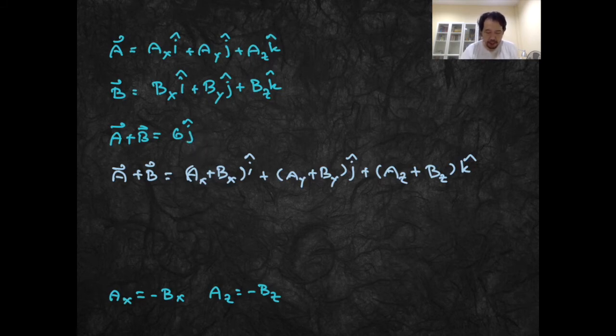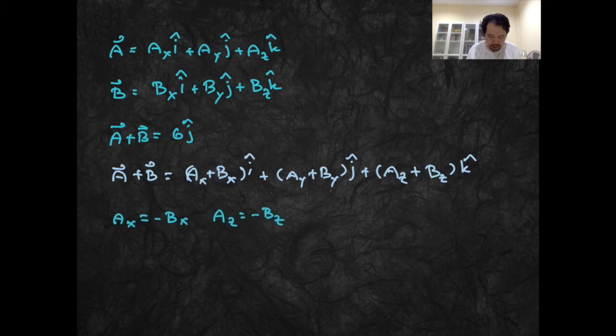So it means that AX plus BX must be 0, and AC plus BC must be 0, which means that we must have AX equal minus BX and AC equal minus BC, which means that we can say that the vectors A and B have a symmetry along the y-axis.